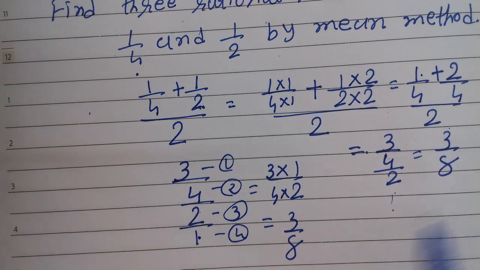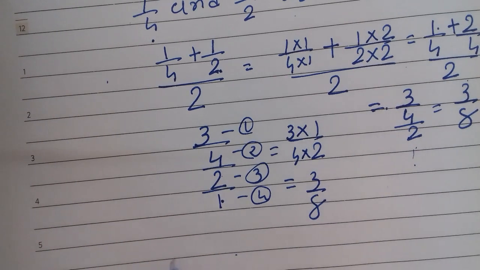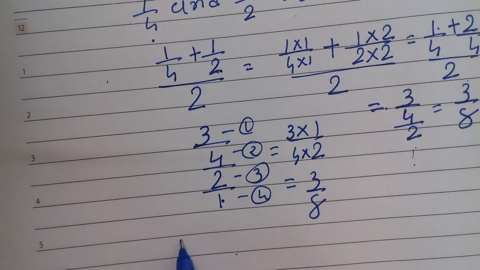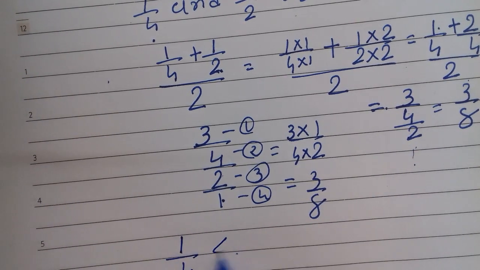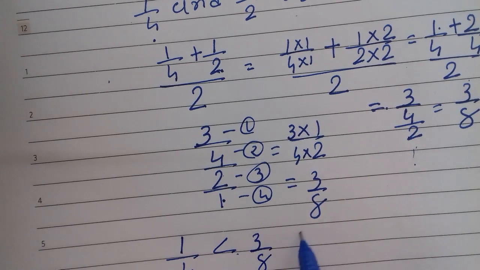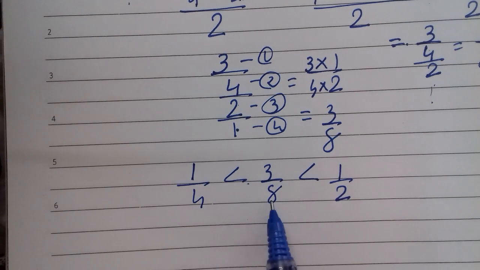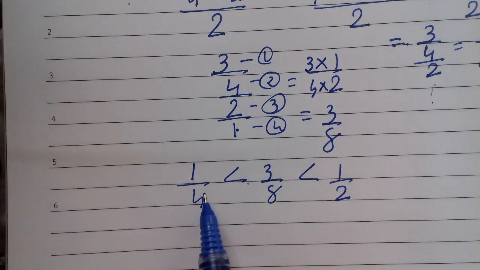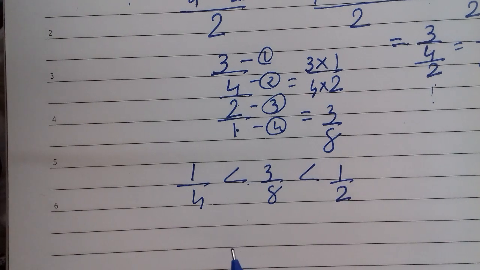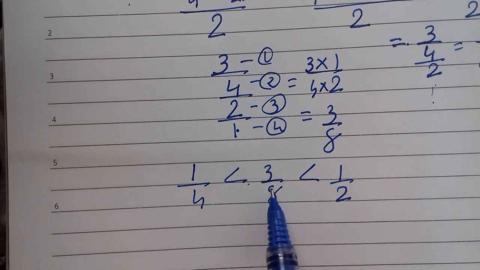Now we can write this mean as 1/4, 3/8, 1/2. It means 3/8 is the mean of 1/4 and 1/2. We now find another rational number between 1/4 and 3/8.